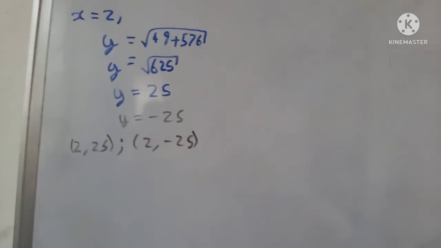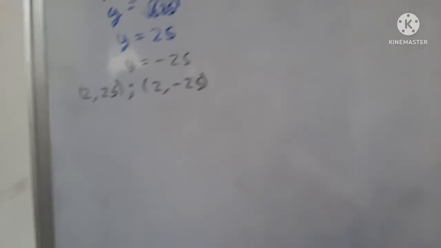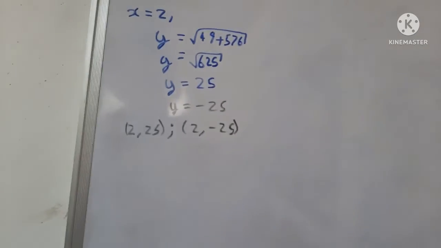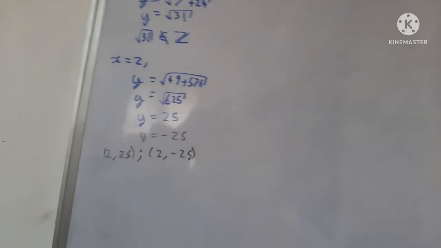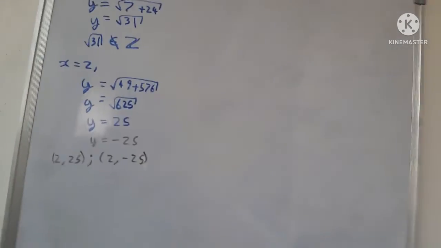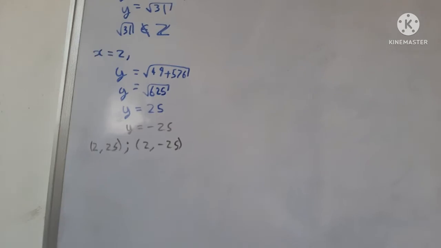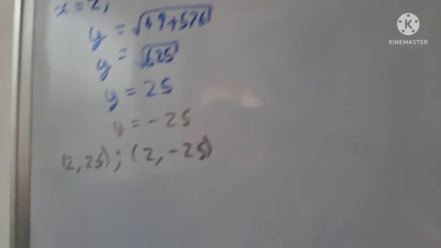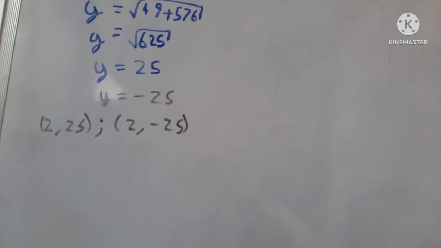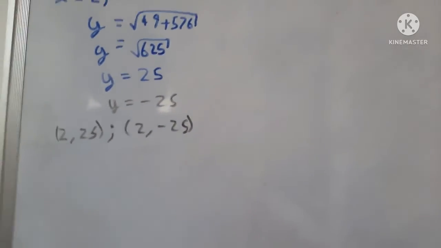Yeah, we got that much. Let's try x equals 3. No, then what? I can't try out infinitely many integers. That's just impossible. Let's try x equals 3.